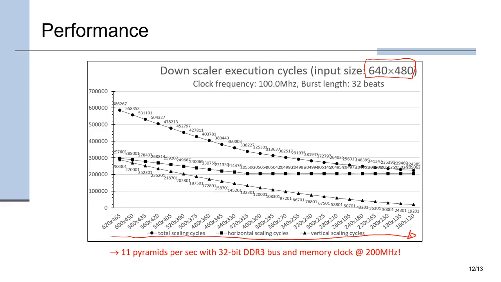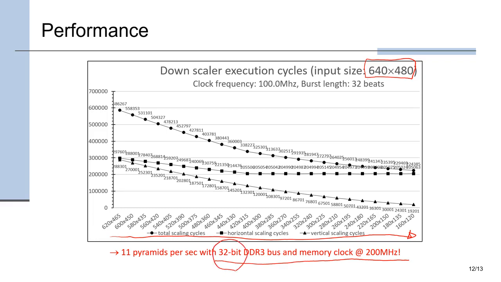And the main constraint comes from the memory bandwidth, because right now our design uses 32-bit DDR3 memory running at a memory clock of 200 MHz. And in fact, this FPGA board has an option of using a much wider memory bus, right?